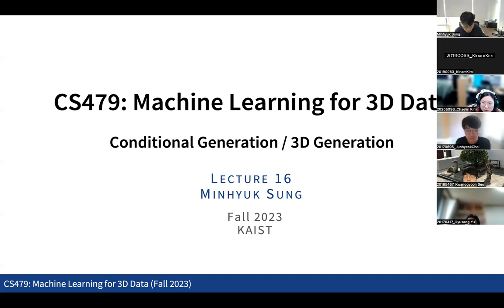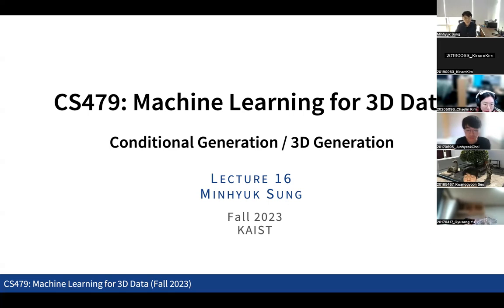What we are going to discuss today as the main topic, and I'm not sure whether we can cover everything, is how we can utilize pre-trained diffusion models for many other applications, and how we are eventually going to apply this idea to 3D generation.